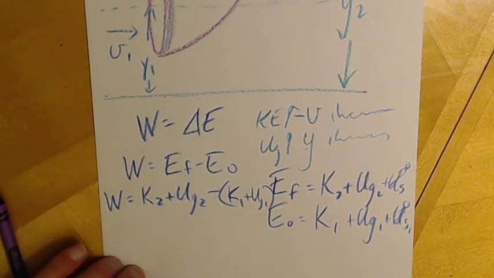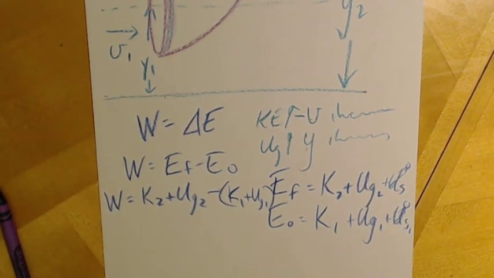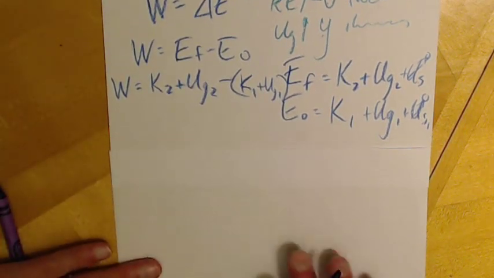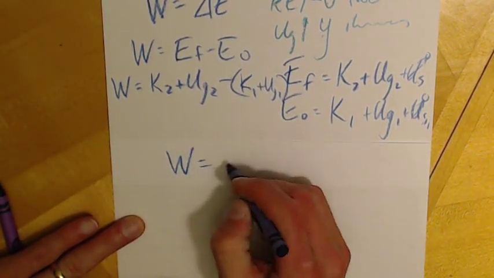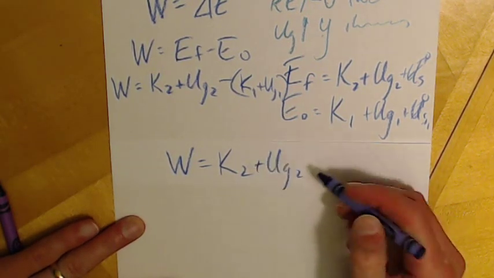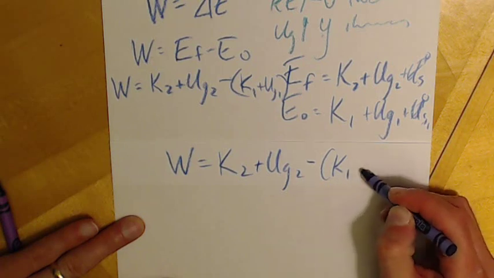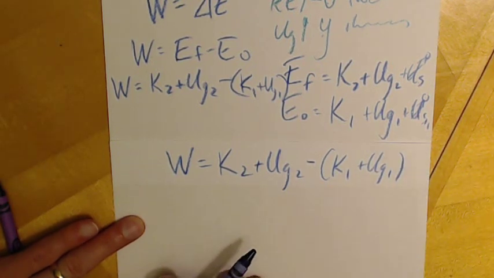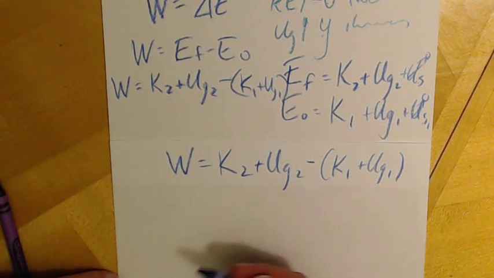All right, this is getting crowded. I'm going to get a new sheet of paper. Let me write this out again. The amount of work being done is K2 plus UG2 minus K1 plus UG1. Let's plug it in.